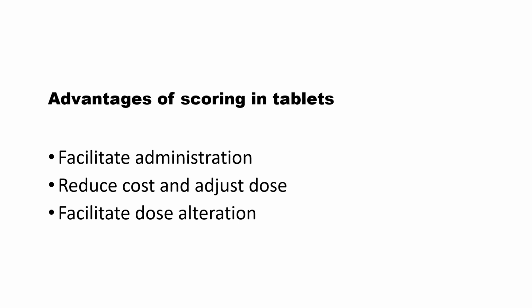Recently it has become more common for pharmaceutical companies to manufacture tablets in multiple dose strengths, so in some cases a lower desired strength may not be available. In that clinical scenario, we can use scored tablets in clinical practice.